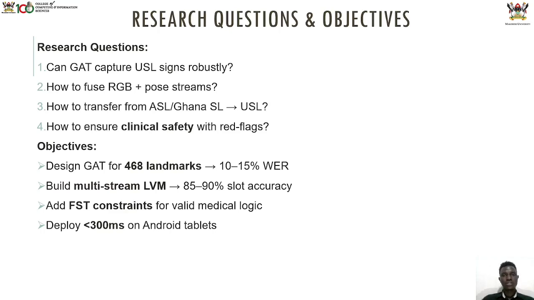Looking at the research questions and objectives, we needed to find out if a graph attention network can capture Uganda Sign Language signs robustly, how to fuse RGB plus pose streams, how to transfer from American Sign Language or Ghana Sign Language to Uganda Sign Language, and how to ensure clinical safety with red flags.